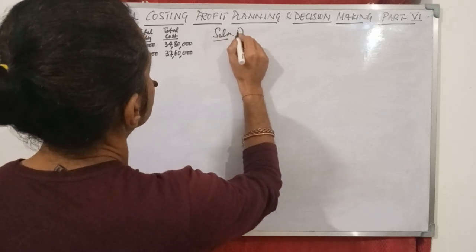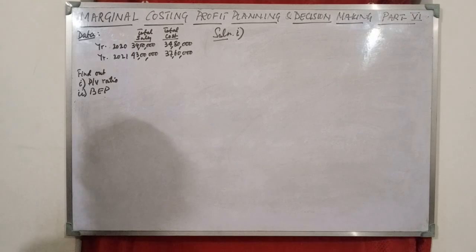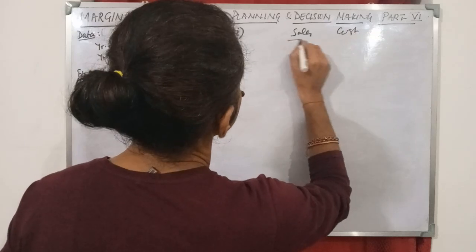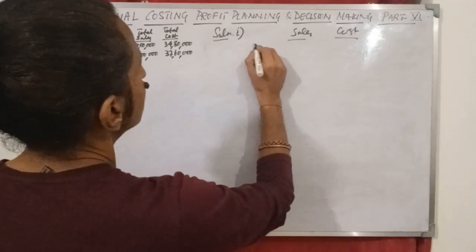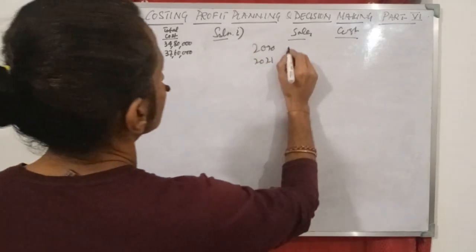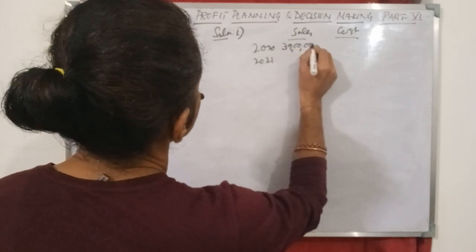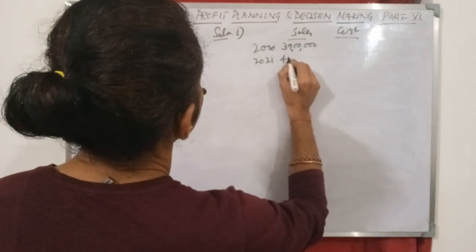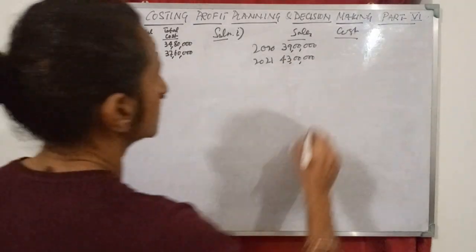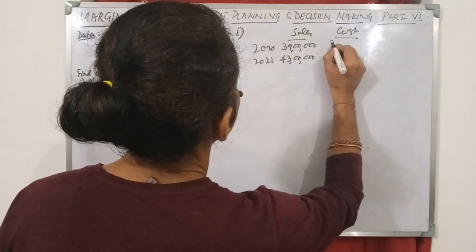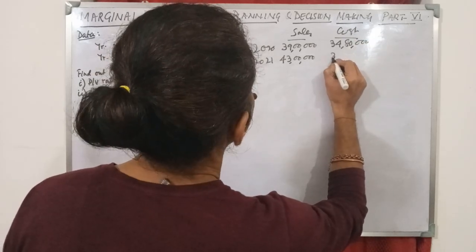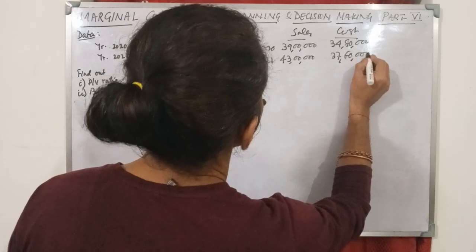First, part 1. Sales and cost in 2 columns and year 2020 and 2021. This is 39 lakh and in 2021, 43 lakh, and total cost in 2 consecutive years are 34 lakh 80,000 and 37 lakh 60,000.